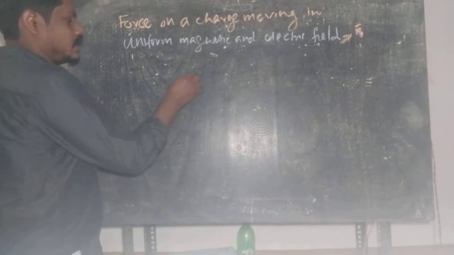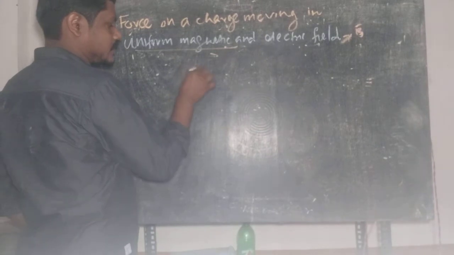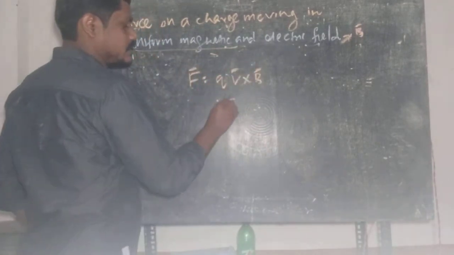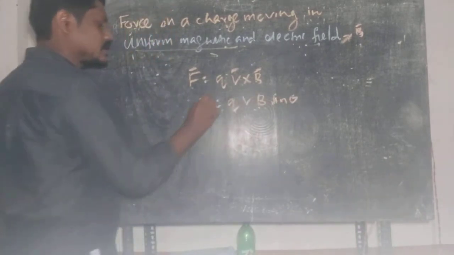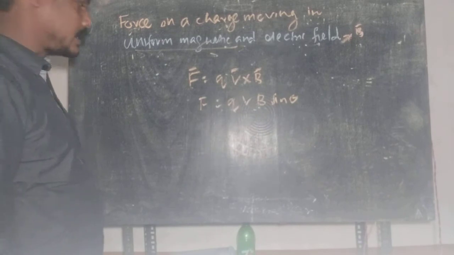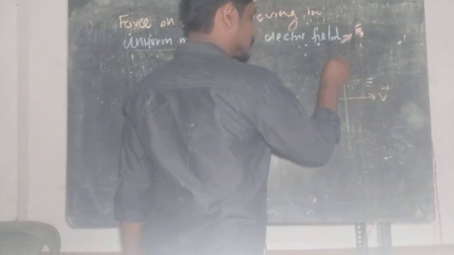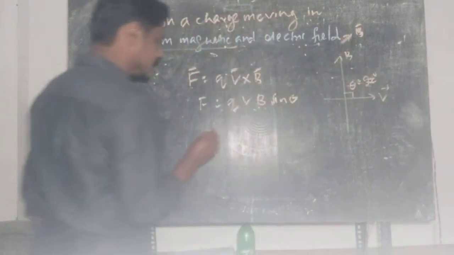Now see this, in a magnetic field only, what is the magnetic force? F equal to Q into V cross B, which is QVB sin theta. The magnitude of the force is F equal to QVB sin theta. Suppose the velocity vector and the direction of the magnetic field are at right angle, that is theta equal to 90 degrees.